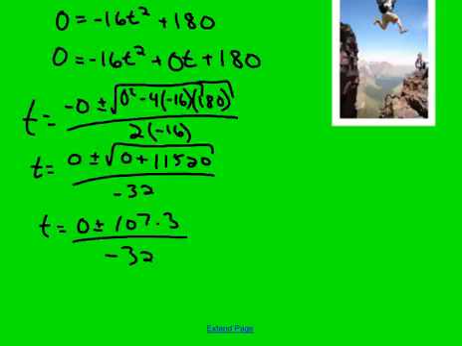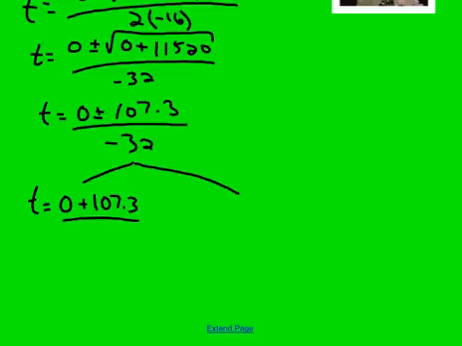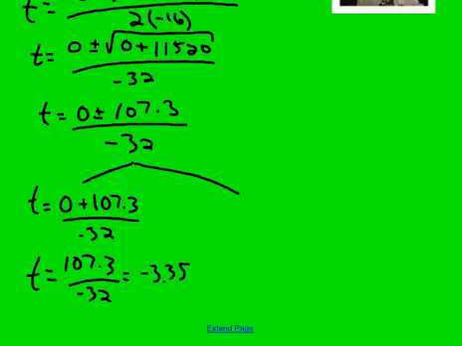This is confusing to some, but it makes sense. Here is where we split it into our two cases. We have t equals 0 plus 107.3 divided by negative 32, which equals negative 3.35. That's one.